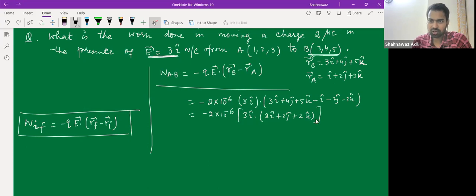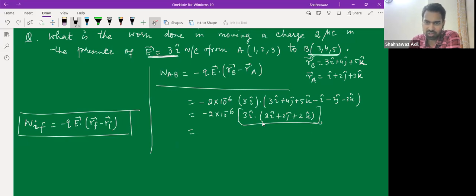So 3I dot this, what term will survive? What is this value? So, 3 into 2.